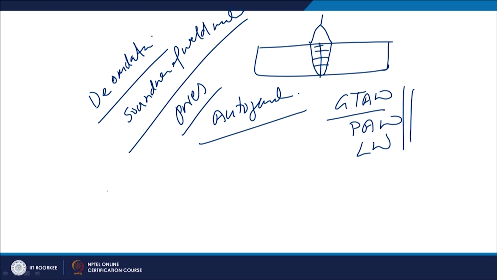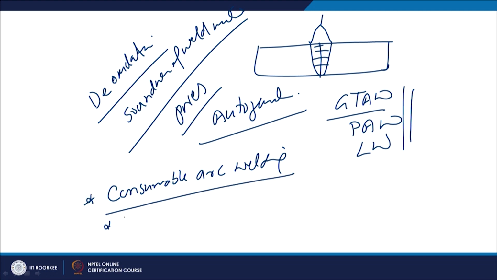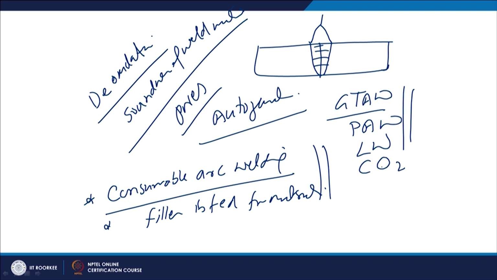So, when we use consumable arc welding processes, or filler is fed from outside, then in both these cases the problem associated with the formation of CO and the porosity can be addressed to some extent.